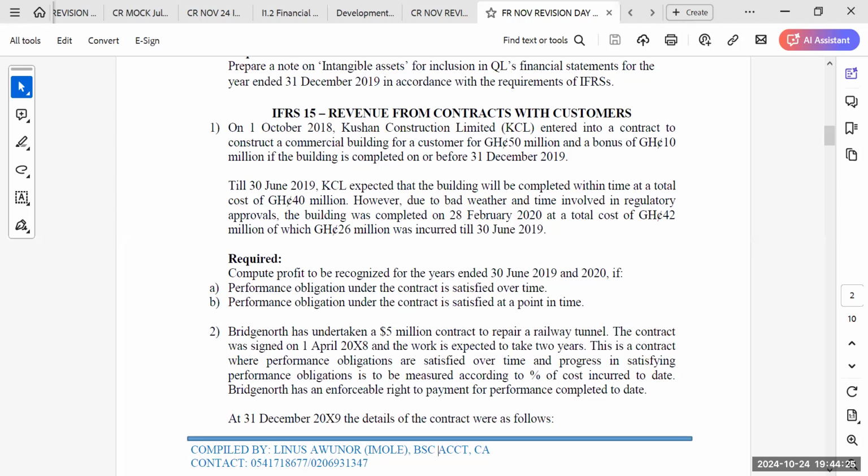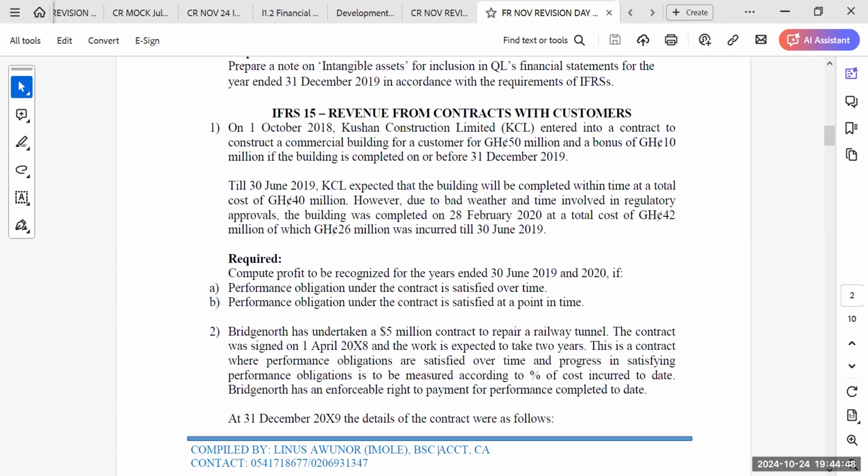But in 2019, what was the total cost that you are expecting to incur? 40, isn't it? Yes, sir.